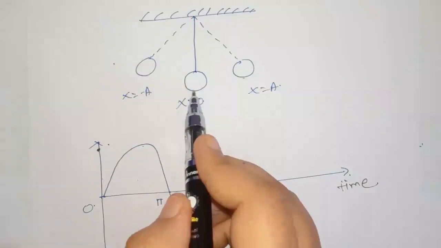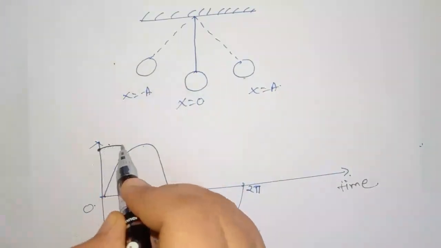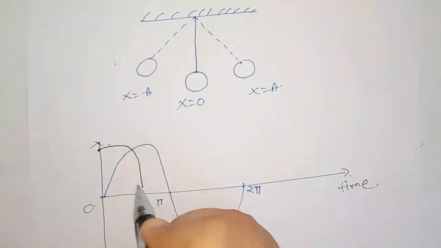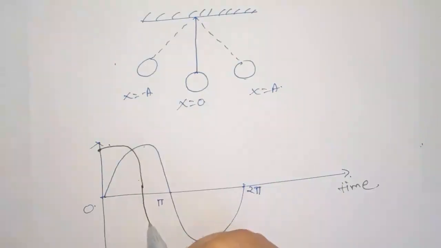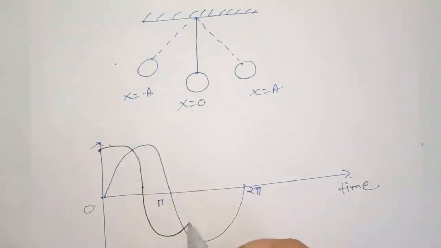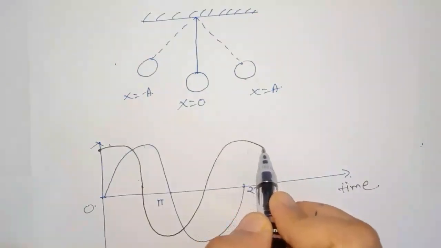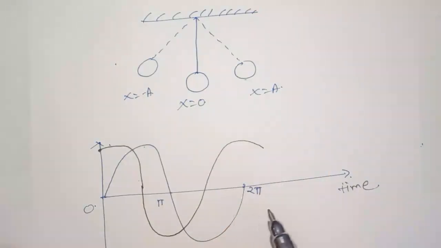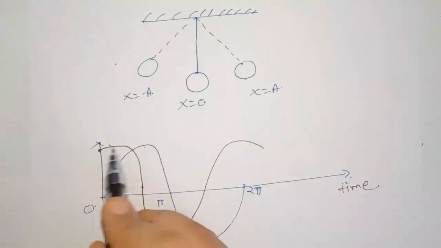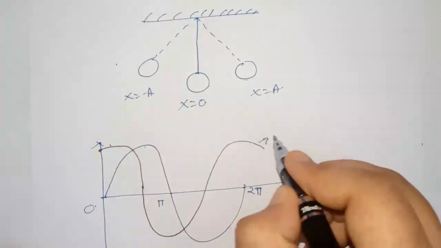After t by 4 time, so this will be the graph of one complete oscillation. If we see, this is the graph of the cosine function.